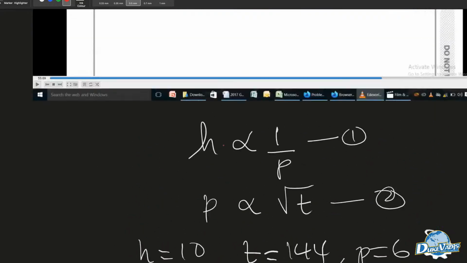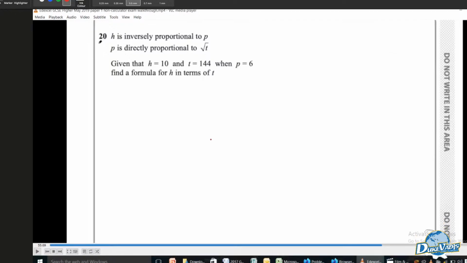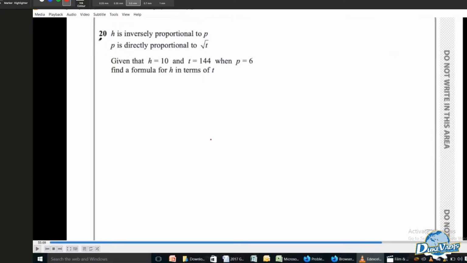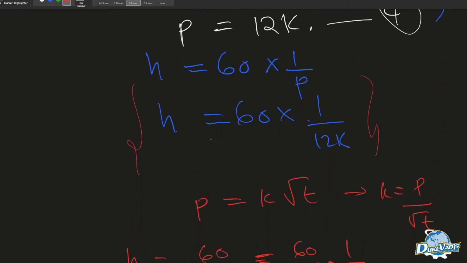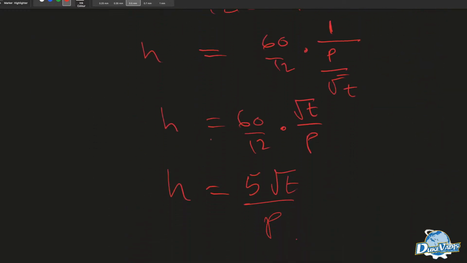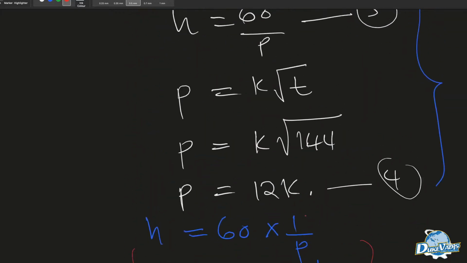You see, h in terms of t. We know p is equal to 6, so when p is 6, h will be equal to 5 root t over 6. So this is a change of subject. Well, friends, this is straightforward.